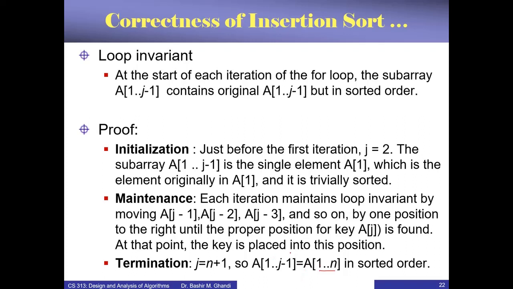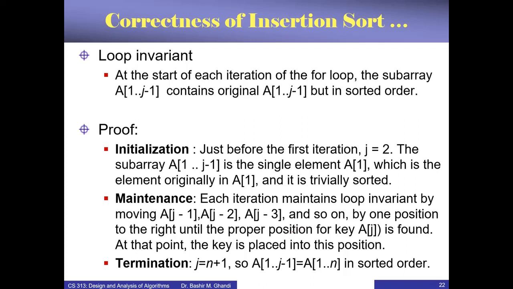And clearly the entire array will be sorted, because according to the loop invariant, all the elements from 1 to j minus 1 will be sorted. So it means the loop invariant is also true at the termination. And therefore our algorithm actually sorts all the elements of the array. And it does terminate, as we saw there.